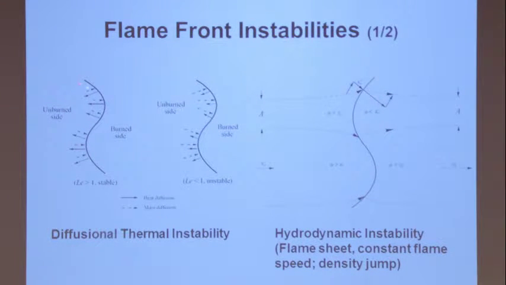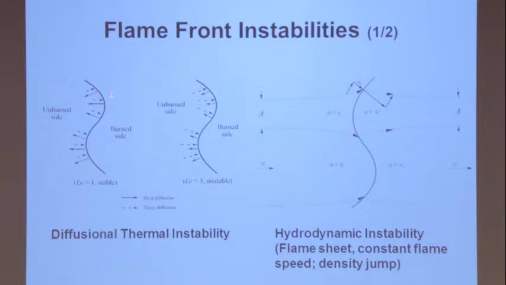One is the diffusive-thermal instability. If I have a flame which I wrinkle this way, as I've told you, the thermal diffusion is this way, mass diffusion is this way. So if Lewis number is bigger than 1, if I wrinkle it this way, then thermal diffusion is stronger than mass diffusion.